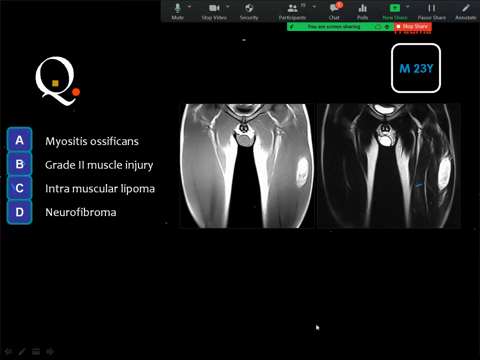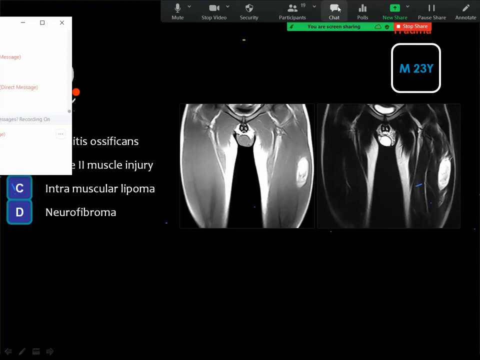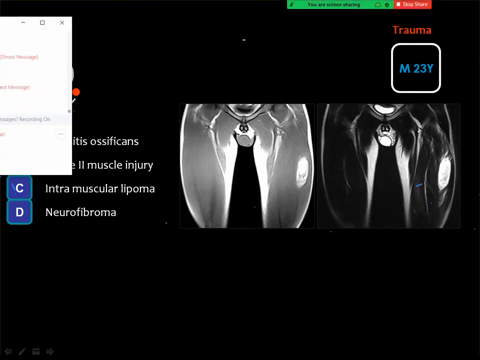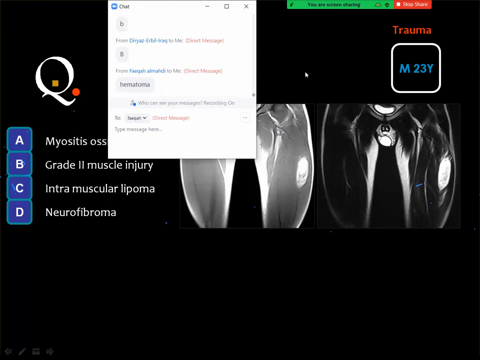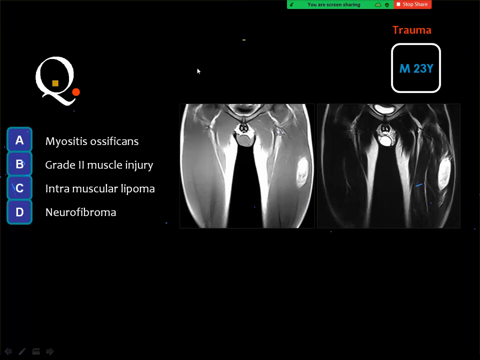Then this patient with MRI of the side, T1 and T2 weighted images. Lymphoma, B, grade 2 muscle injury, hematoma. Yes, right.